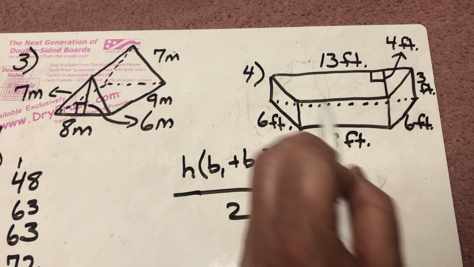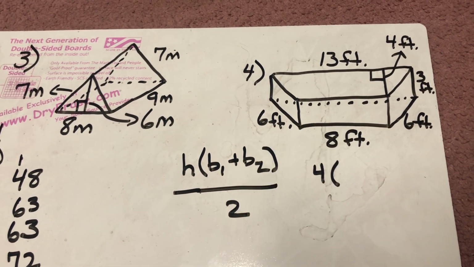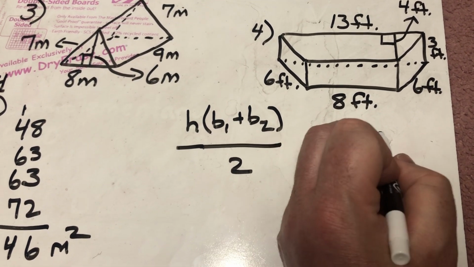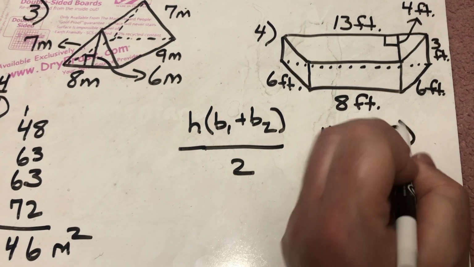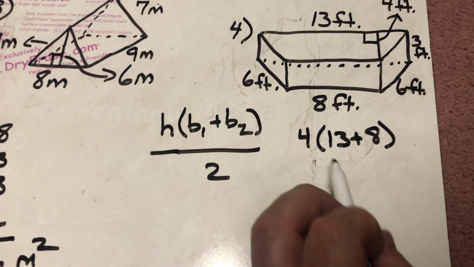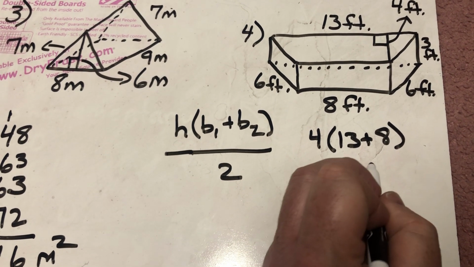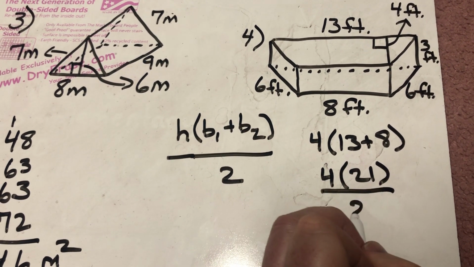Then I go with this side here, and if this side is 8, that side has to be 8. So it looks like base 1 plus base 2 is going to be 13 plus 8. Well, 13 plus 8 is 21. So it's going to be 4 times 21, all that divided by 2.